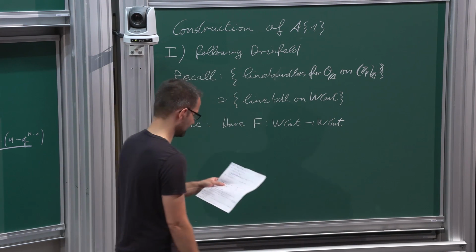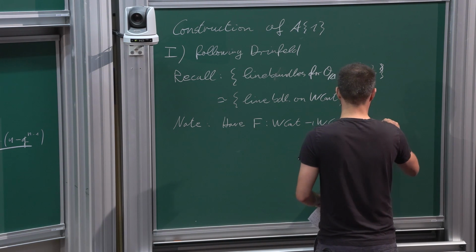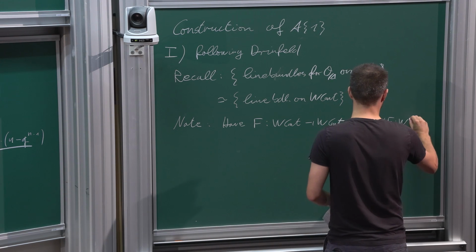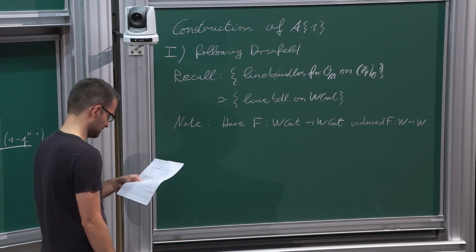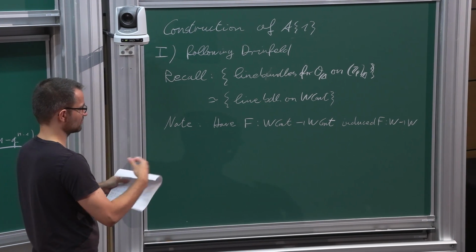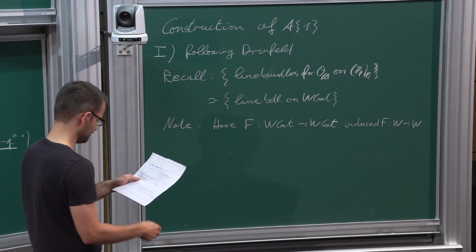And so let me also note that we have a Frobenius endomorphism of the Cartier-Witt stack, which is induced by the Frobenius on the Witt vectors. Just because the base change along the Frobenius preserves this condition of being a Cartier-Witt divisor.